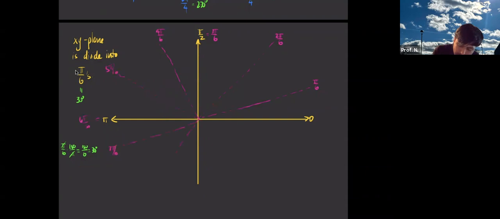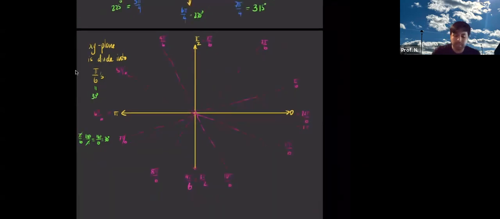Then this would be 8 pi over 6, this would be 9 pi over 6, which is 3 pi over 2. Then this would be 10 pi over 6, 11 pi over 6, finally 12 pi over 6, which is the same thing as saying 2 pi. You guys see this now? Do you guys see how I'm dividing this up?